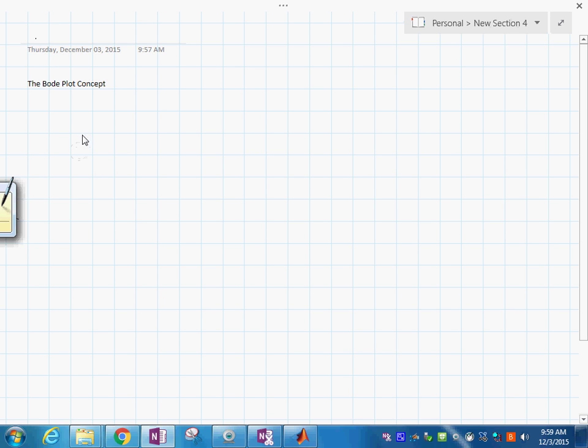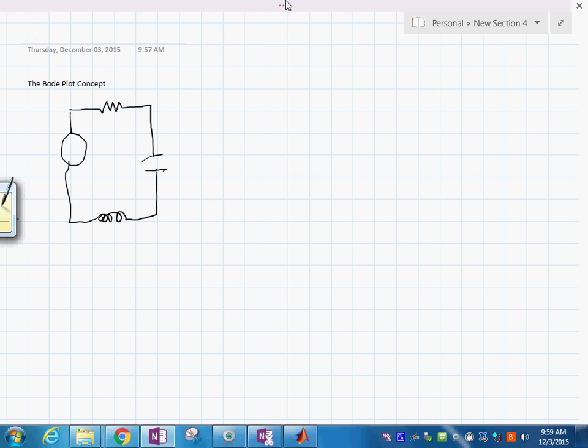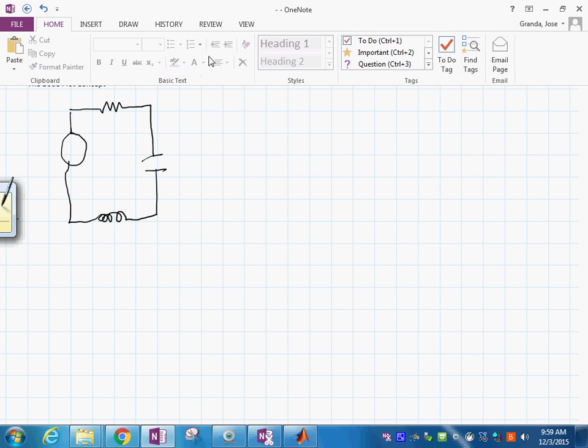Let's propose a simple circuit that we're going to call our system. We have used this example in the past for other concepts, and I would like to keep it simple like this.